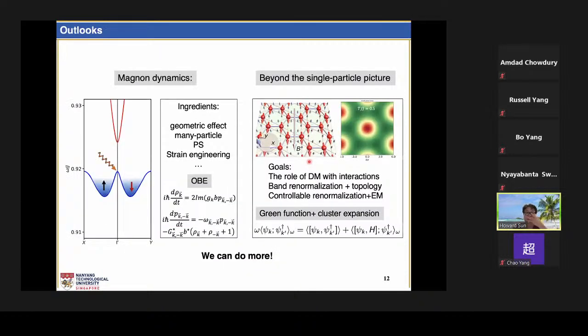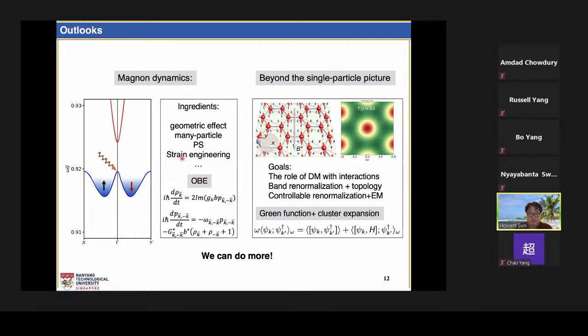Okay, basically I introduced what I did. So actually we can do more. Here is the outlook for the project I'm working on now. I turn to some other interactions, and also the pseudospin degree of freedom with these two valleys.